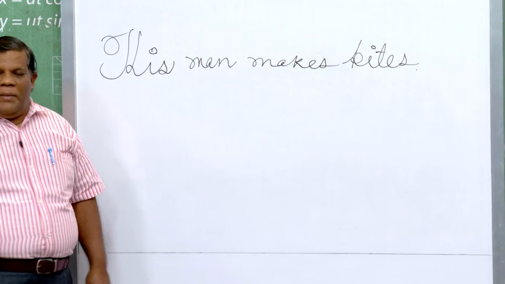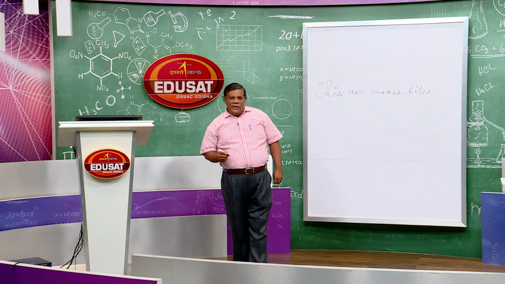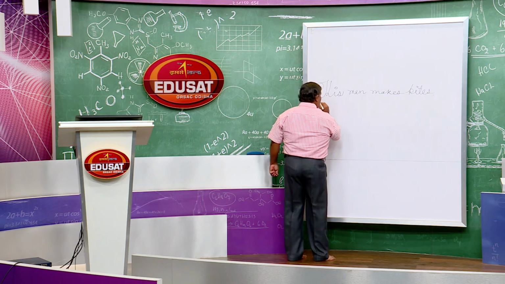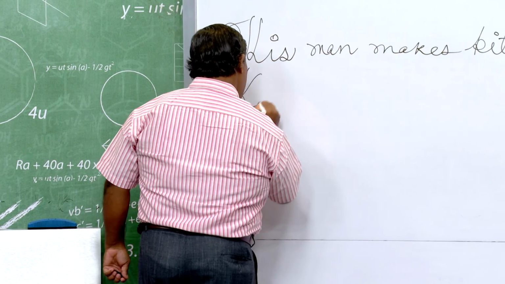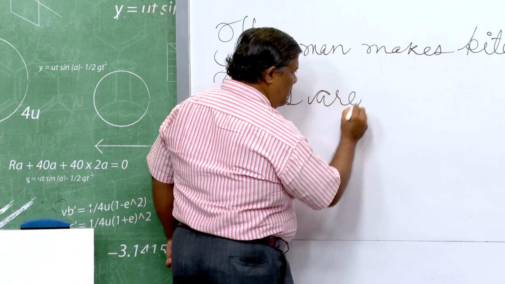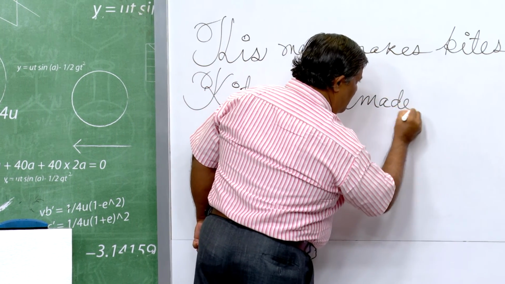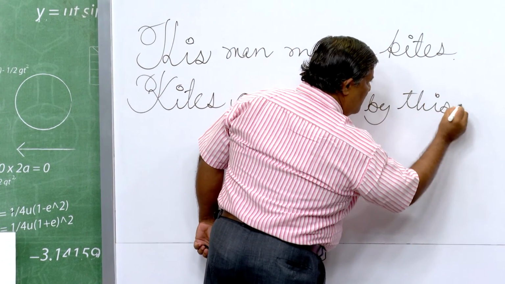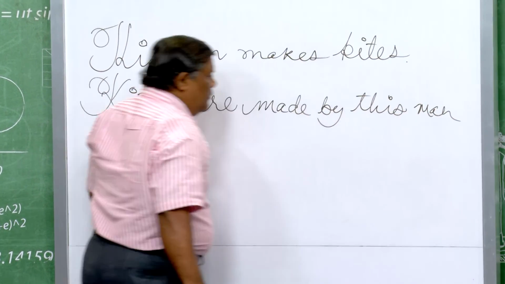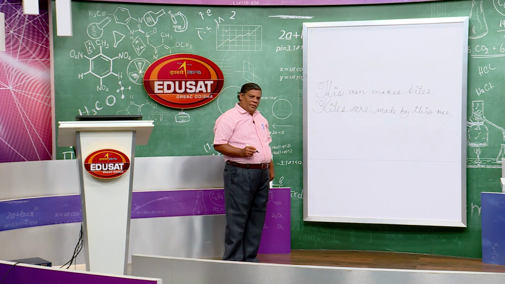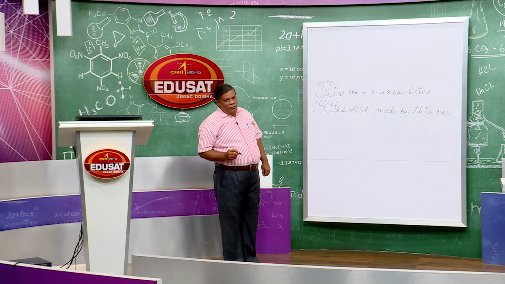This man makes kites, and when we transform the sentence into its passive form, it becomes, you see, this man makes kites, this is in its active form, and kites are made by this man, this is in its passive form.